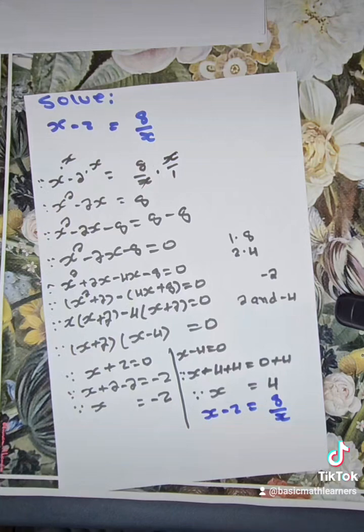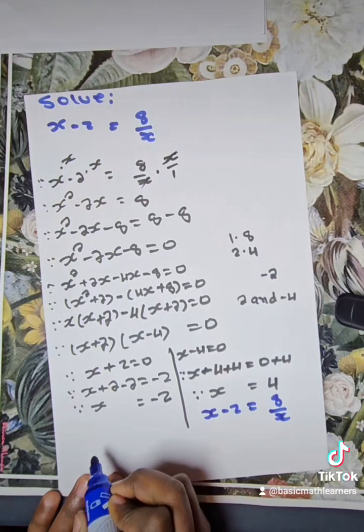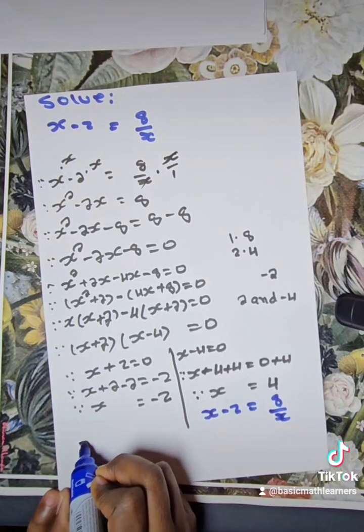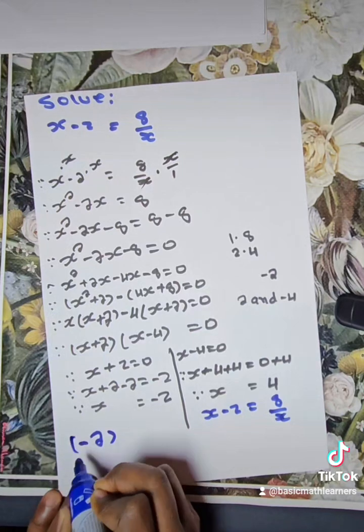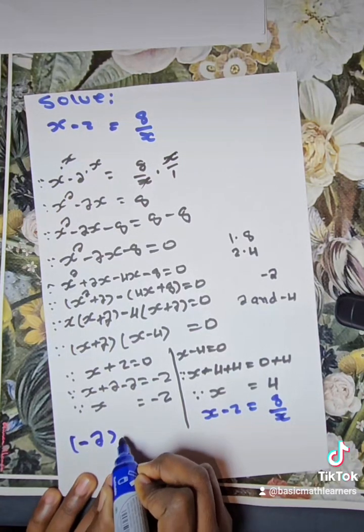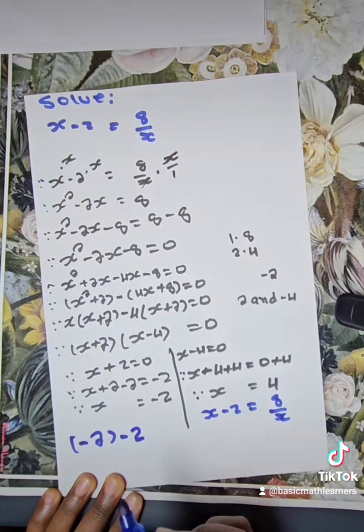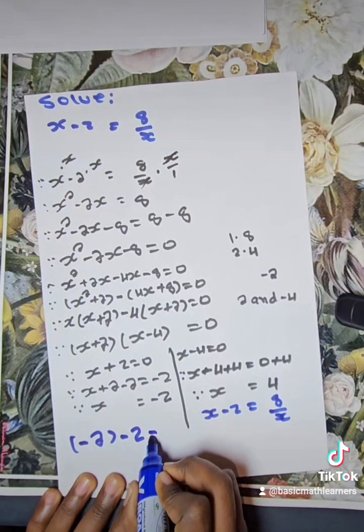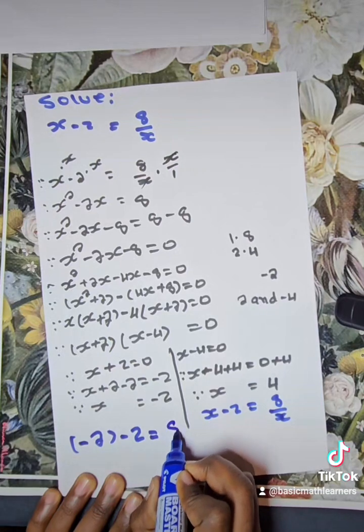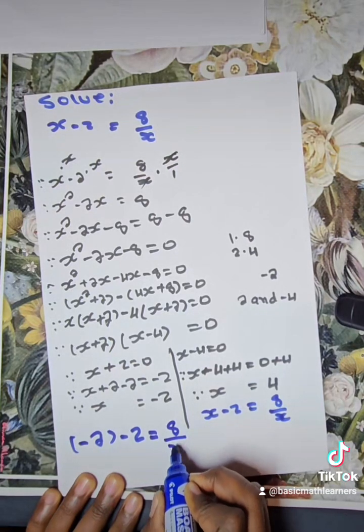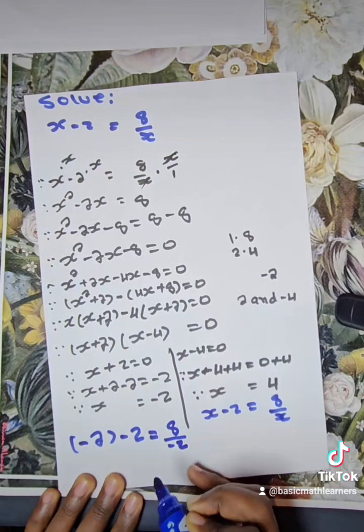So let's take first our solution x equals minus 2. So let me put minus 2 in place of x, and then let me say minus 2, and it must be 8 over x, which is minus 2.